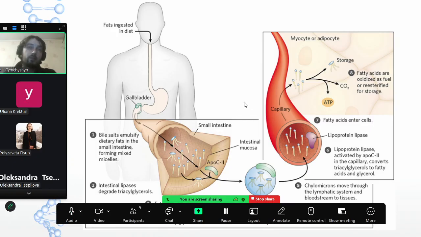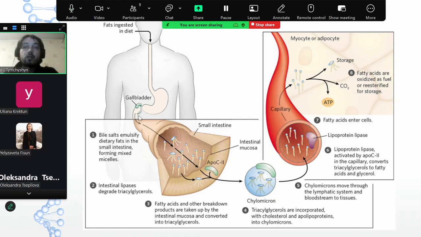So how do we get them? Mostly we get them from eating something, from our diet. So we are ingesting some fats. Here you see once again, whatever we have eaten has passed our stomach. Here you see the gallbladder, the sphincter of Oddi.